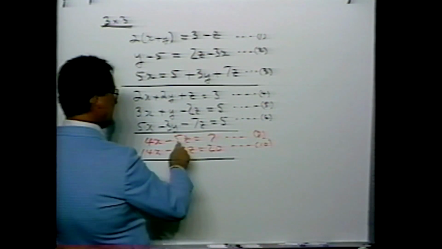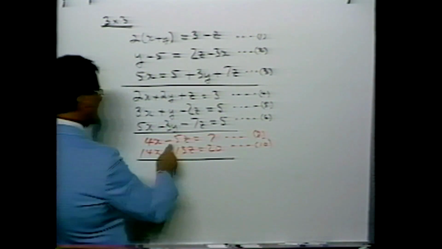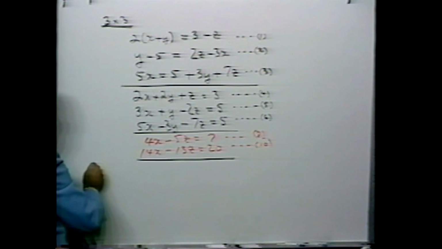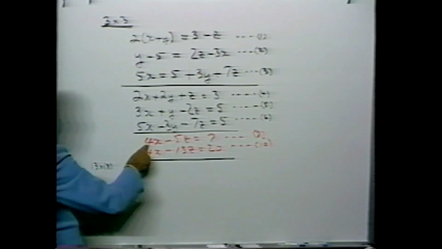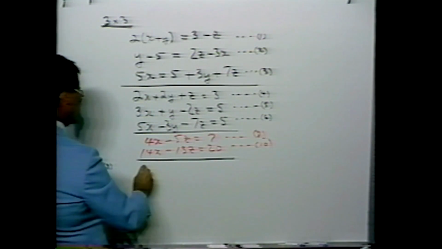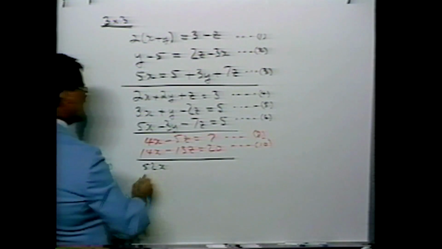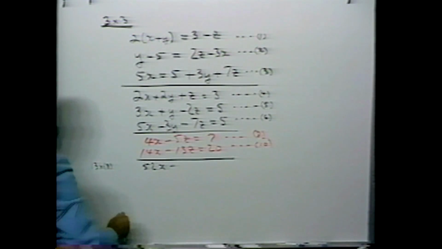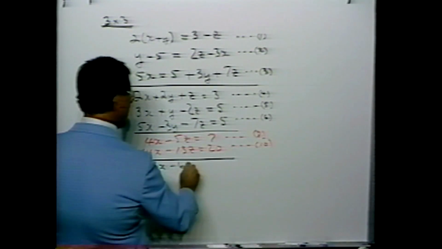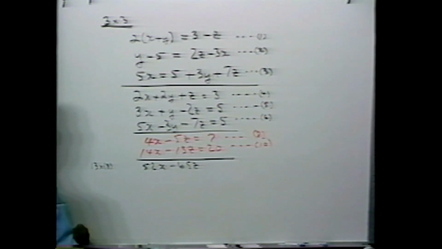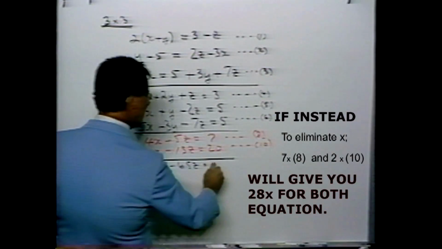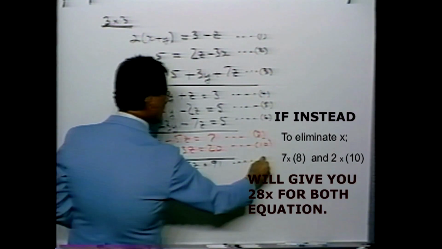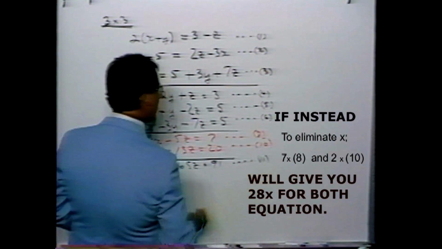If I eliminate z's, it means that I have to multiply equation 8 by 13. So 13 times 8 is 13 times 4, which is 52x. 13 times 5 is minus 65z. 13 times 7 is 91. That's a new equation belonging to the system.